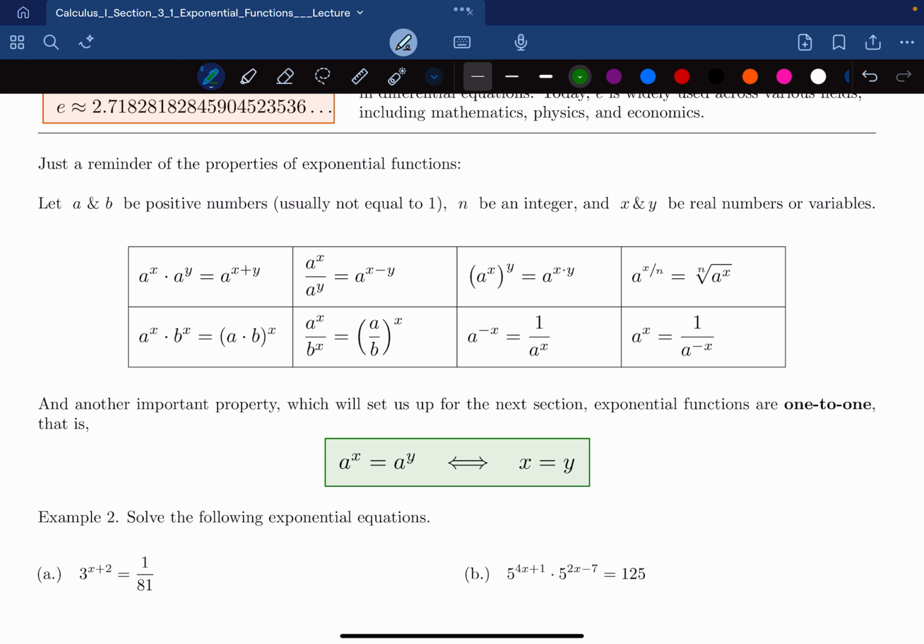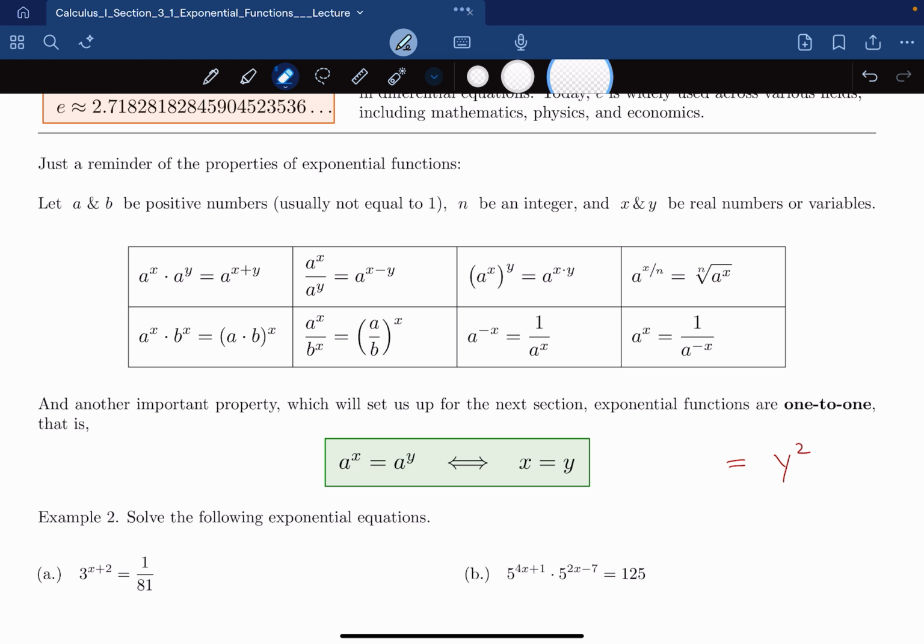Now, this is not obvious because this clearly does not work in the polynomial world, right? You cannot say that x squared equals y squared, therefore x and y are equal. You cannot drop the exponential power.